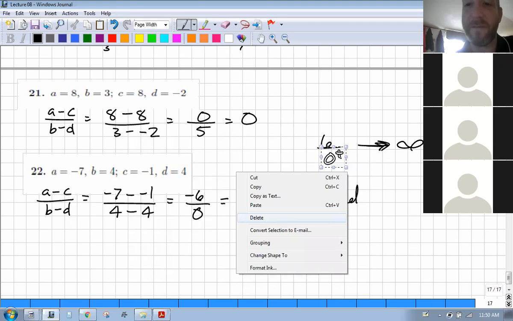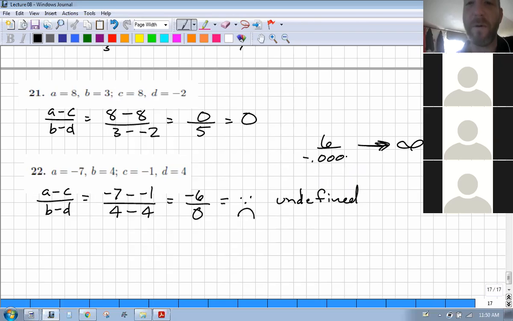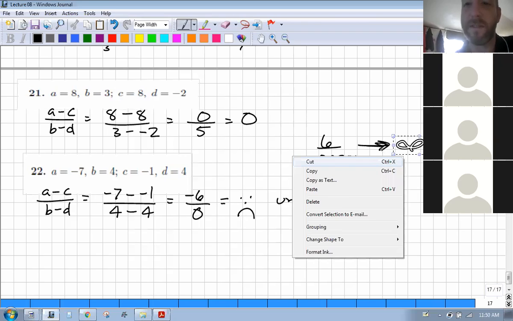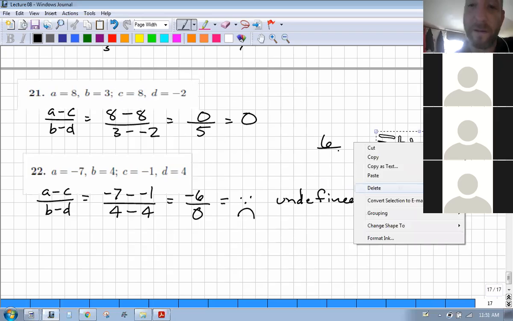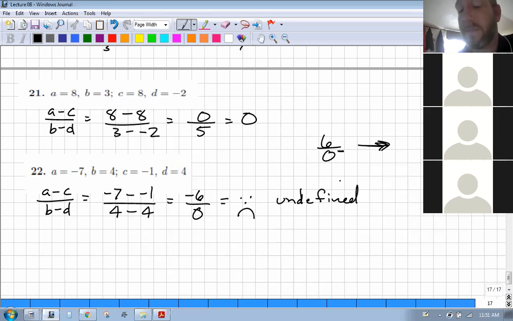But what if I plugged in -0.000001? This is something really big, but negative, right? If I put in a number even smaller, but still negative, this is even bigger, but negative. So if I plugged in, call it 0 minus, something really close to 0 but negative, this number gets bigger and bigger, but it goes to negative infinity.